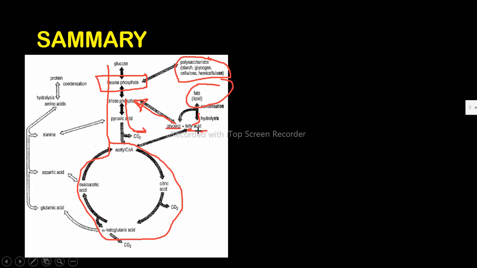Then the fatty acids will be broken down into small fragments of 2 carbon compounds, the acetyl groups, and these will combine with CoA to form what we call acetyl CoA. And this acetyl CoA is the one that will take this small fragment into the Krebs cycle, and you produce energy out of it.